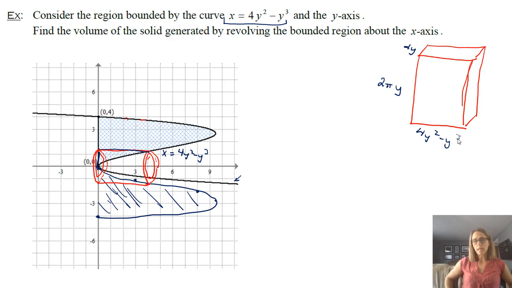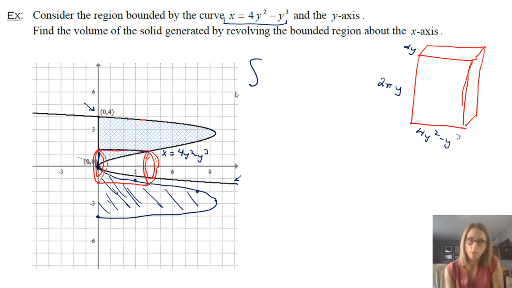Putting all that together, we're now able to do our integration. The key thing to see is that we are integrating from here, which is 0, 0, up to 0, 4. And these are y values, so notice this is going to be in terms of y. I'll give you a tip in the last video of how to think about which method you need to use.